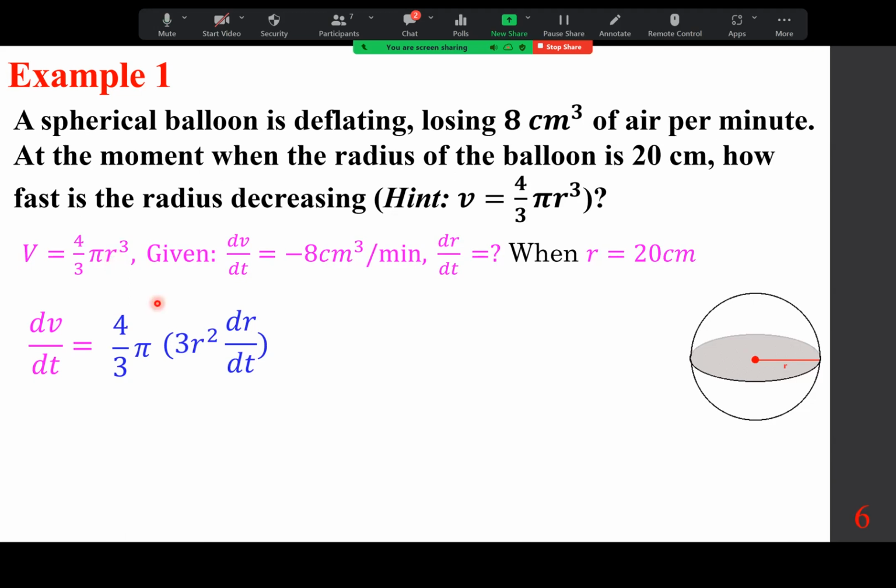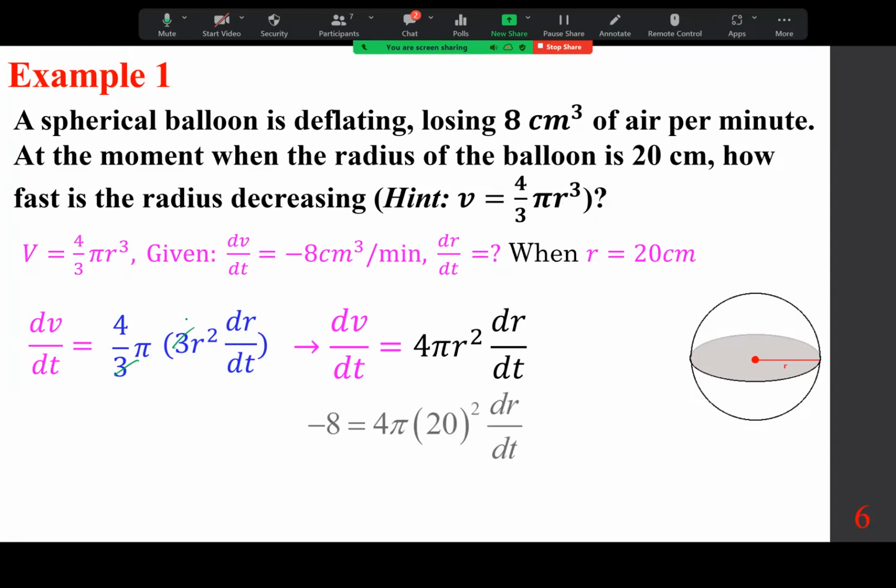So r cubed gives you 3r squared dr/dt, and it simplifies to 4 pi r squared dr/dt. And all you have to do is replace dV/dt with -8 and r with 20.